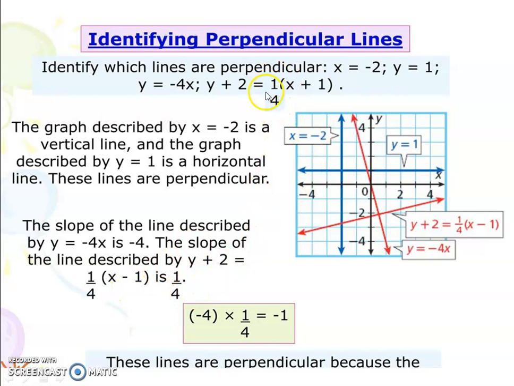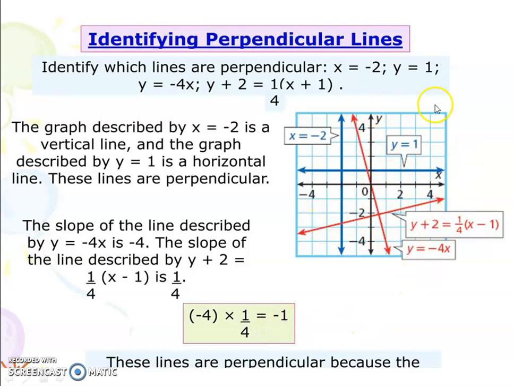Here also m is 1 upon 4. Suppose m1 is minus 4, m2 is 1 upon 4. So minus 4 into 1 upon 4, the 4s get cancelled. The answer is minus 1. So we prove that these lines are perpendicular because m1 into m2 is equal to minus 1.